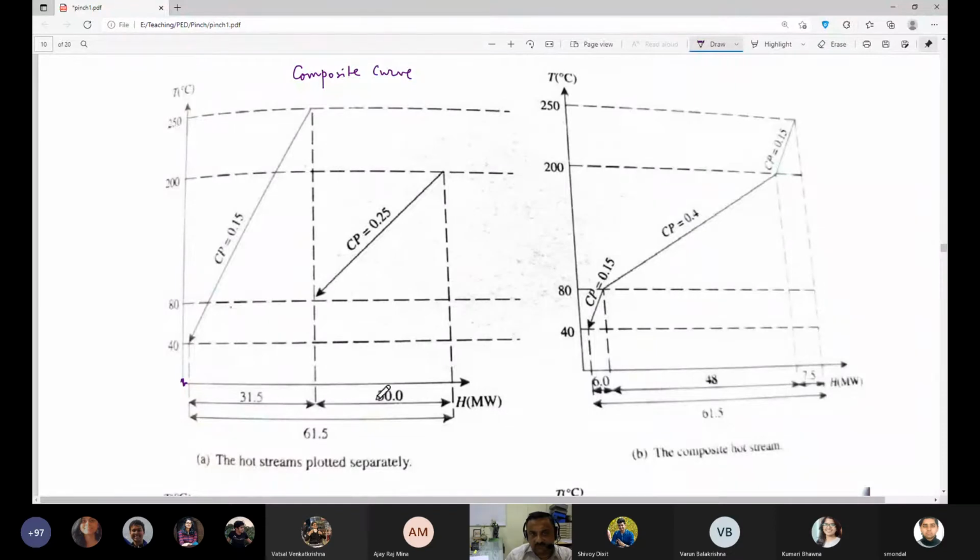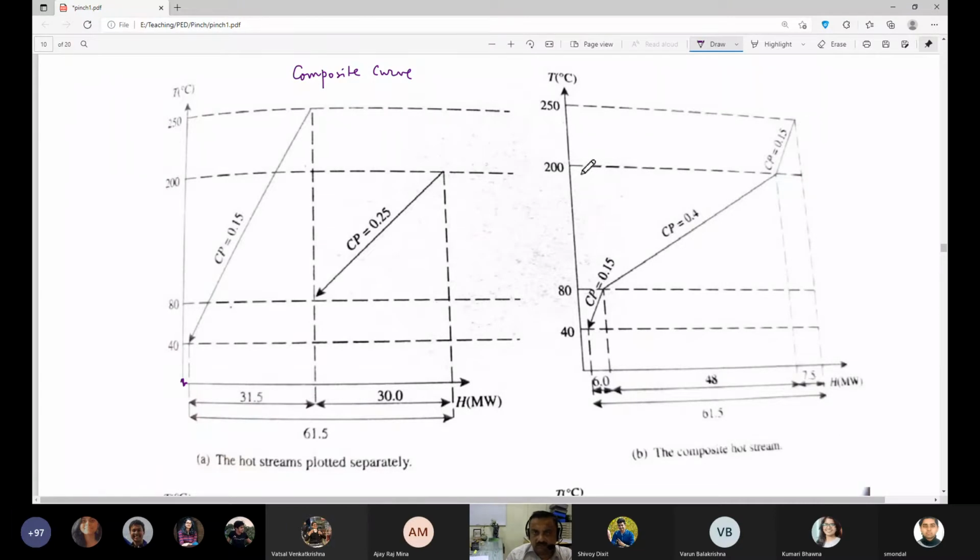When I draw this composite curve, I note that between 80 and 200, both these lines are there. Below 80, only this line exists, and beyond 200 also only this line exists. So the CP value there is 0.15.